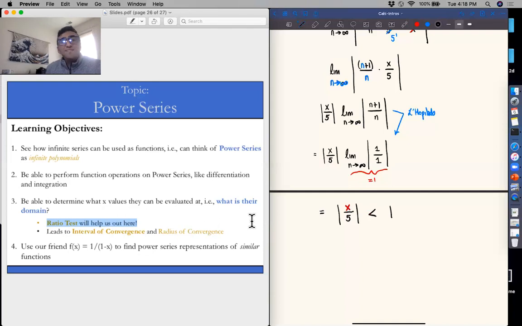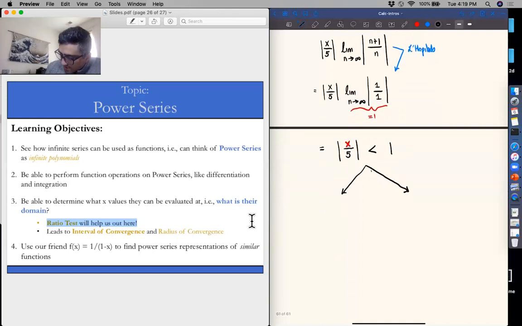And well, we have this inequality now, and we need to solve for different values of x that make this work. So before we do anything more, we know that solving inequalities, we consider basically two cases. We consider the forward case, which is x over 5, excuse me, is less than 1.